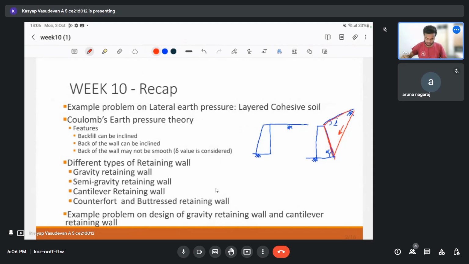So that's the thing. Here in the wall we have the wall friction. If we have a PA, it will make an angle delta with the normal to the wall, where delta is the angle of interfacial friction between our wall material, whether it is masonry or concrete, and the soil.